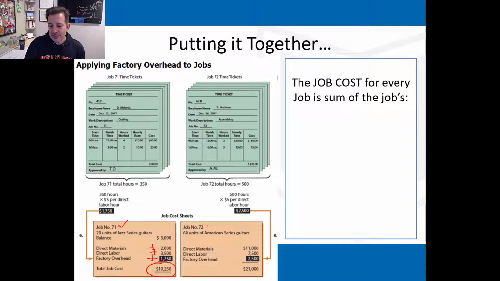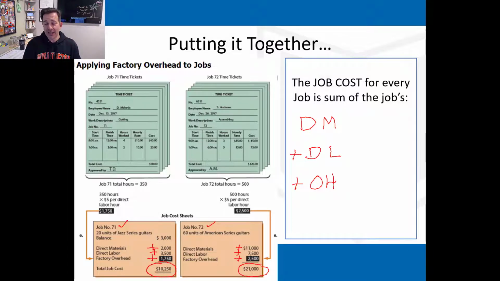Job 72, direct material from the materials requisition, direct labor from the time ticket, factory overhead based on direct labor hours, and we got a job cost of $21,000. So again, your job cost for every job is going to be the sum of the job's direct material, direct labor, and factory overhead. The factory overhead is allocated. We're estimating and putting some overhead to that job in real time.